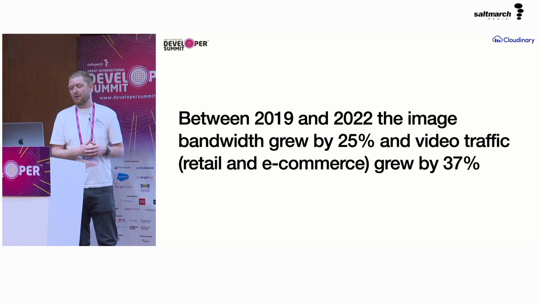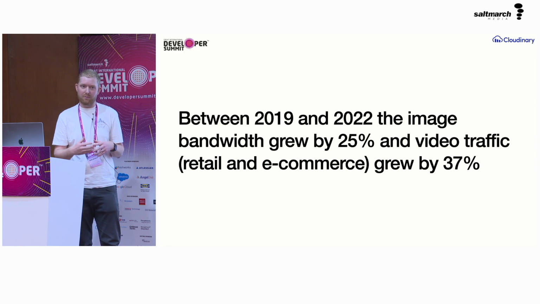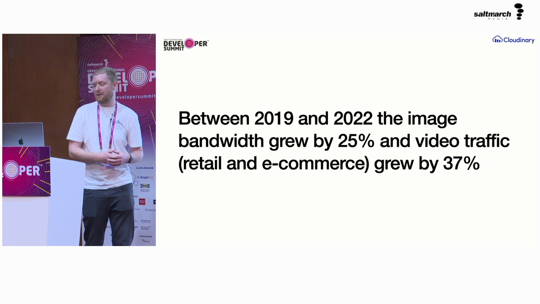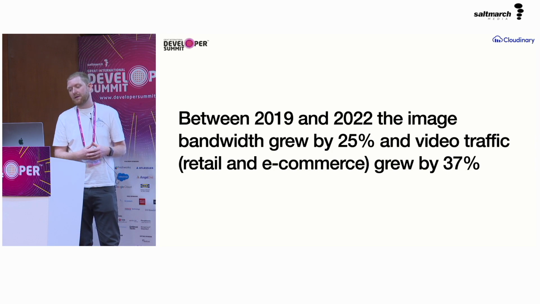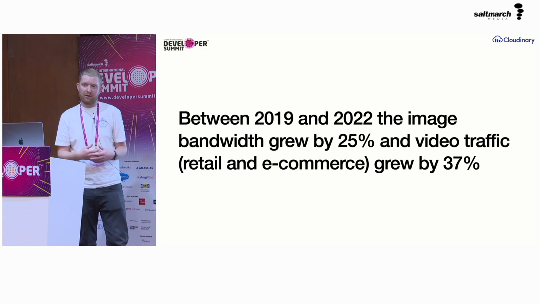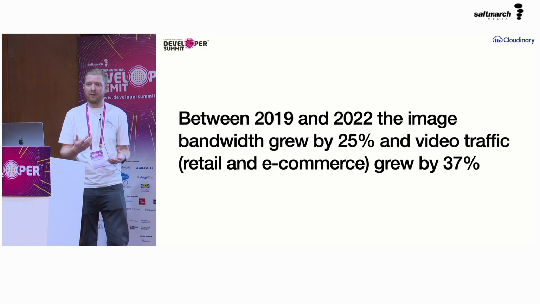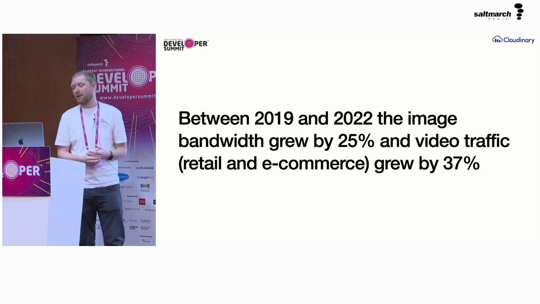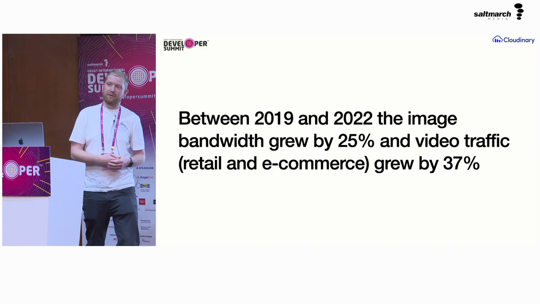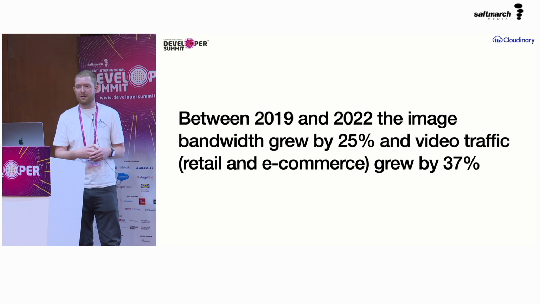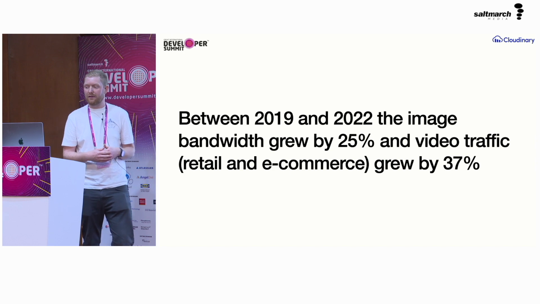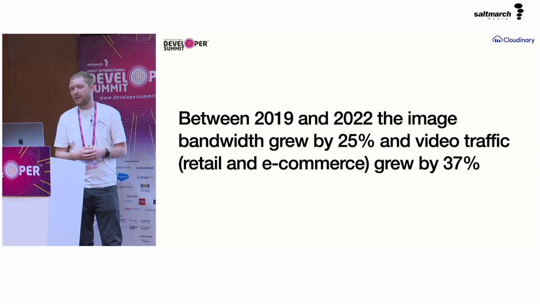So these are huge numbers of images being transferred via your websites across the web. And when it comes to video, this is a market that for us is growing massively. Lots more people are using videos for retail and e-commerce to try and sell their products. So it's really important that you provide that great experience, and you do it for all of the assets that you've got.